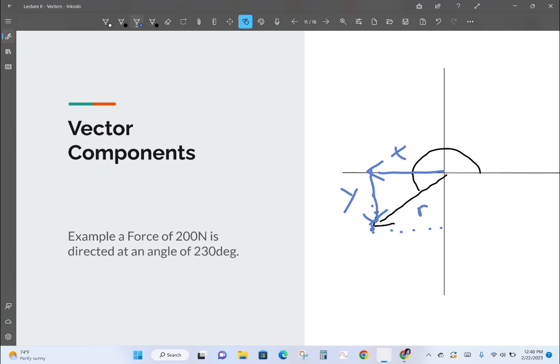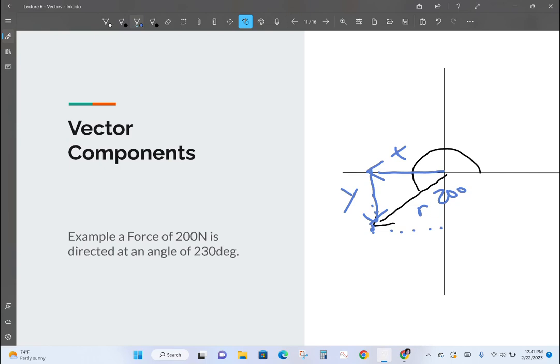So if I want to find x, how would I do that? I have 200 and I have 230 degrees, or I could use the complement of that, right? I could take 180 off of that, and that would be 50 degrees. I'm going to use the 230 because it turns out that when you take cosine and sine of 230 and its reference angle, you get the same number values, but it points in the right direction. So we're just going to keep it at 230.